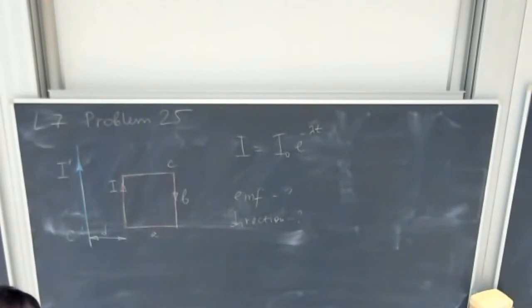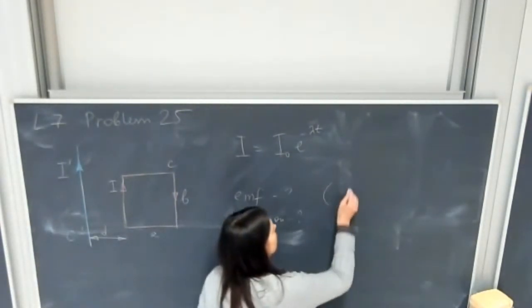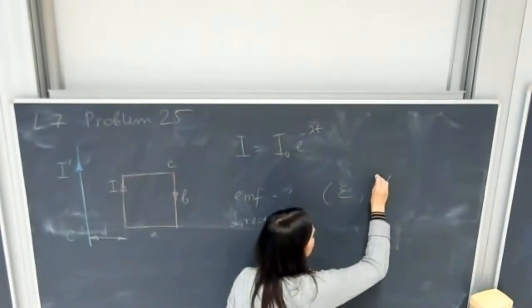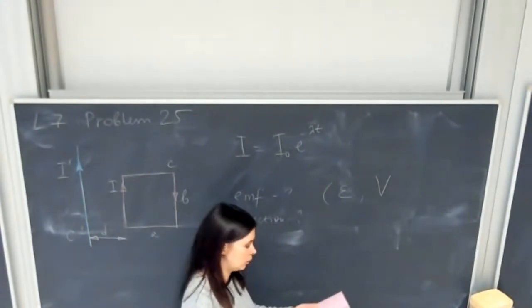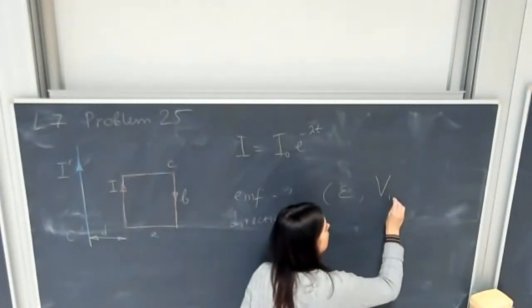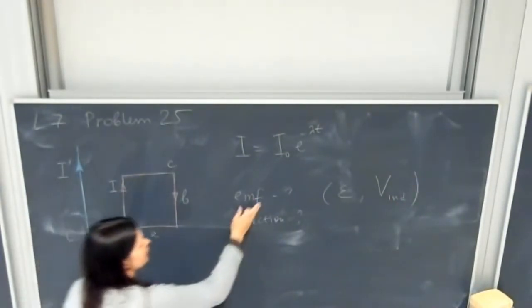EMF in some sources is written as epsilon, or in some sources is written as V corresponding to voltage. So I think here it's V induced. Let's write it like that.